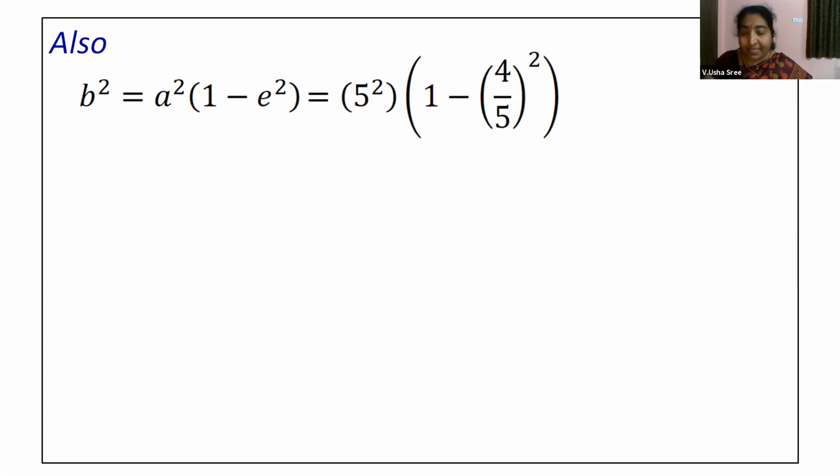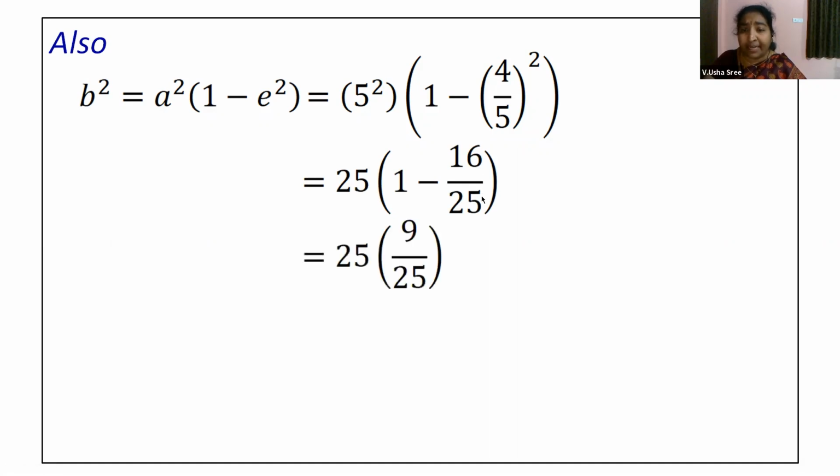Then 5 square is 25, 25 into 1 minus 16 by 25. When you further simplify, 25 minus 16 will be 9. So 25 into 9 by 25. 25 and 25 get cancelled. Therefore, your B square value is 9.